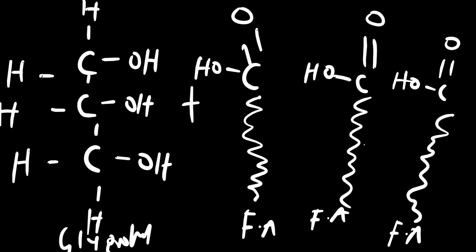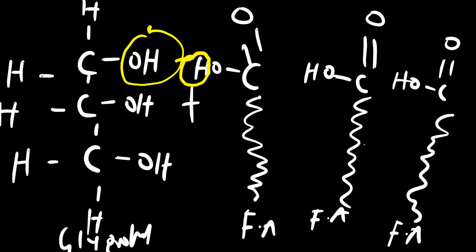Now what happens during esterification is that the hydroxide on the glycerol molecule reacts with the OH, only the OH on the fatty acid, and that will be released as water.